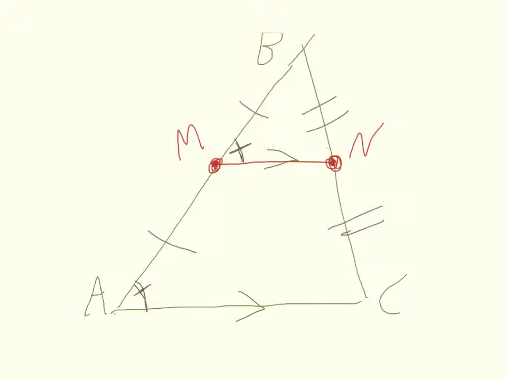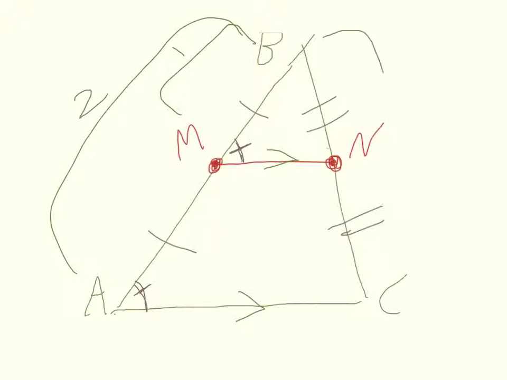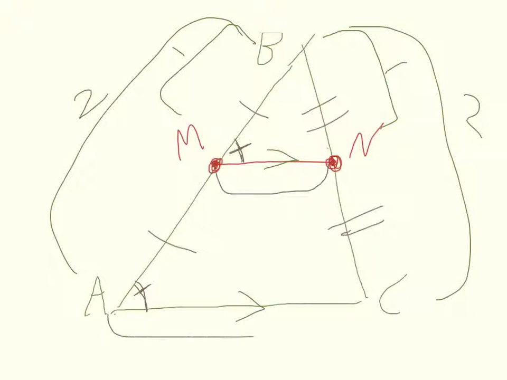So since the proportion of BM to BA was 1 to 2, and the proportion of BN to BC was also 1 over 2, we must state that the proportion of MN to AC should also be 1 to 2. Or, in other words, MN is half the length of AC.